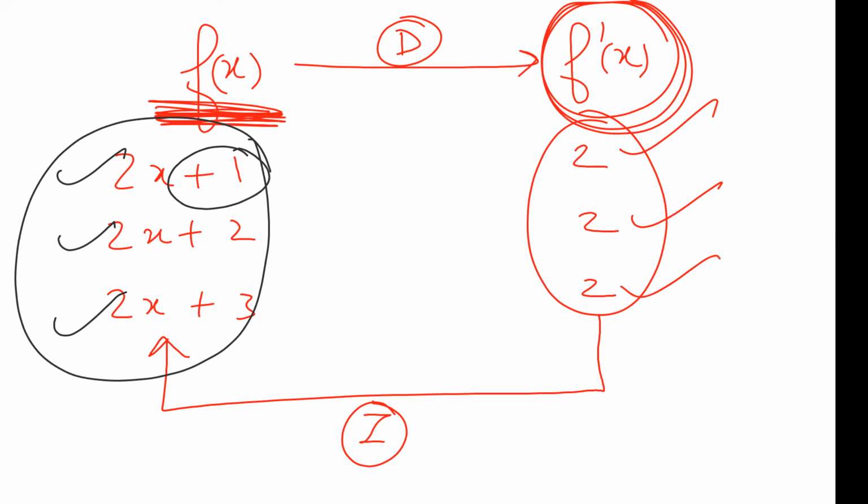The only thing which is changing is this constant. It can be 1, 2, 3, or any other known or unknown constant. So this is termed as plus c when we integrate. Is the understanding clear? I hope you understood how that plus c works, and the idea behind it.